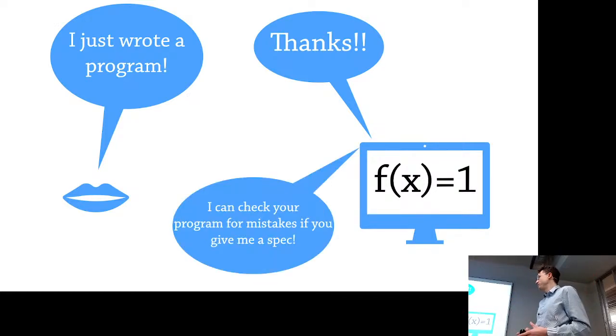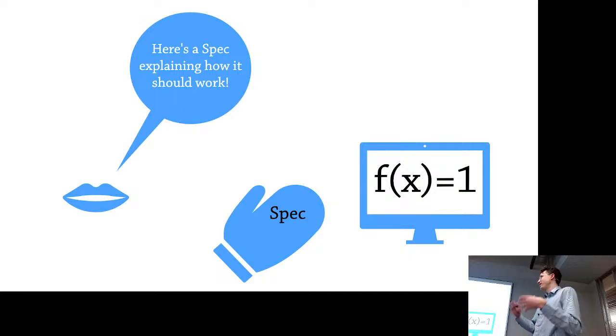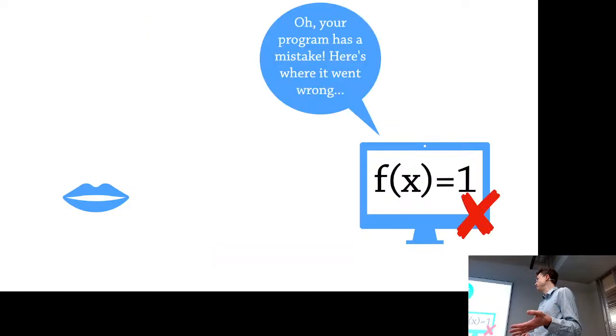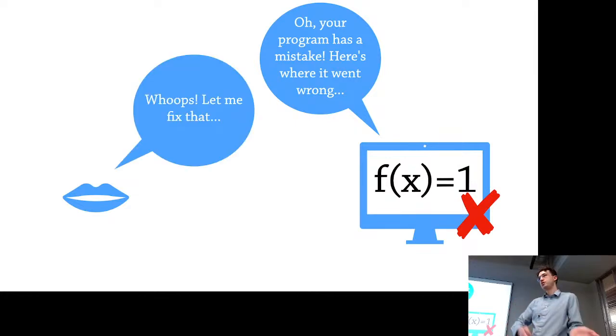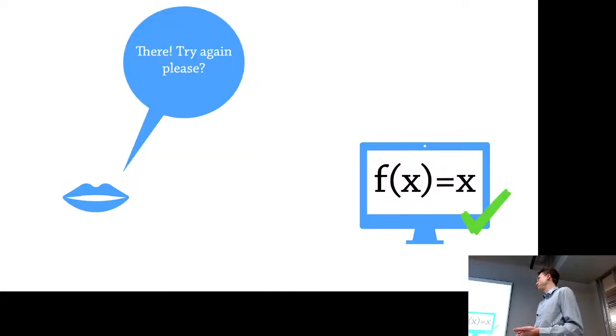And now the computer's like, I can check your program for mistakes if you give me a spec. And then I can be like, here's a spec explaining how this should work. And the computer says, okay, I'm going to check your program against this spec. And whoops, there's a problem. Your program has a mistake. This is where it went wrong. And then the human can say like, whoa, let me fix that. Fix it there, try again, please. And the computer can say, well, looks good enough for me for now.